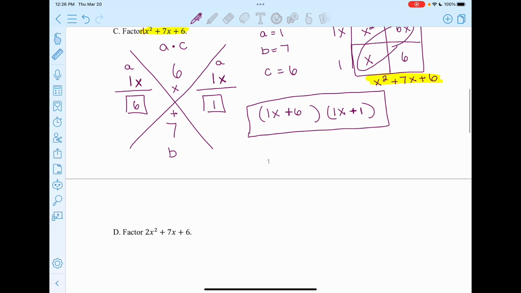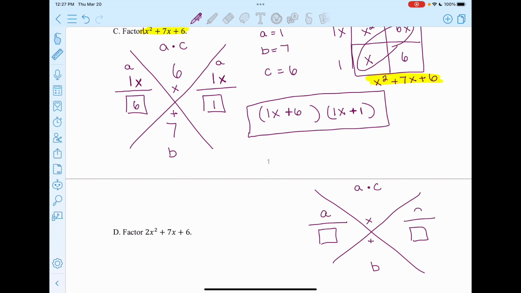So here is the template for your magic x. We are going to multiply a times c on top, and we're going to put b on the bottom. You're trying to think about two numbers that will multiply to the top number, but add to the bottom number. And once you get your two values, you are going to put your a on top to make fractions.